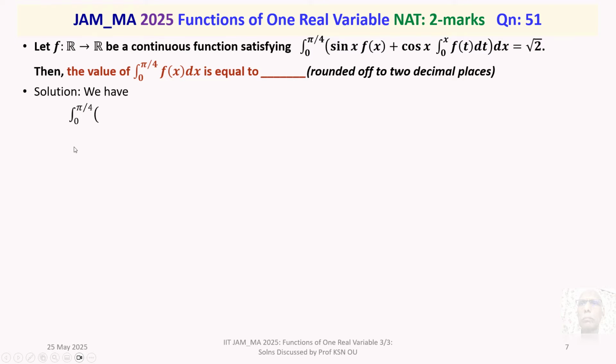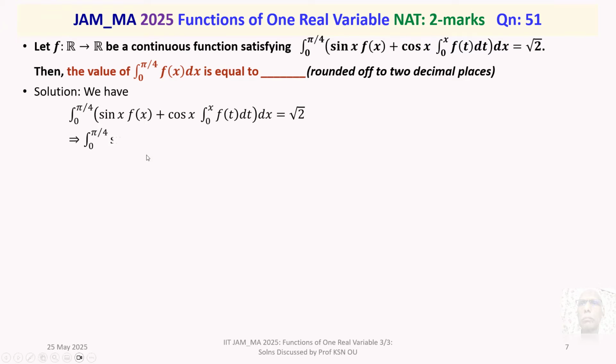We have the given integral: integral 0 to pi by 4, inside the bracket, sin x f(x) plus cos x integral 0 to x f(t) dt, all in one bracket, with respect to x, is equal to root 2.